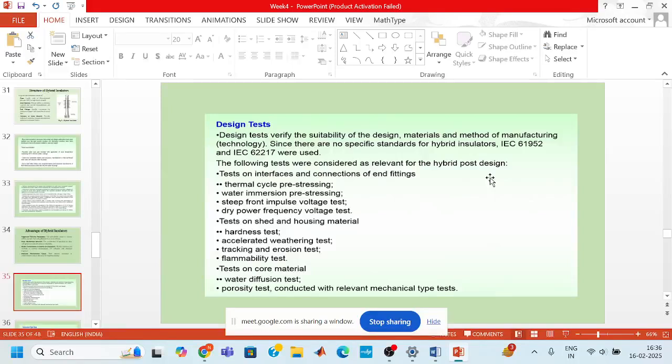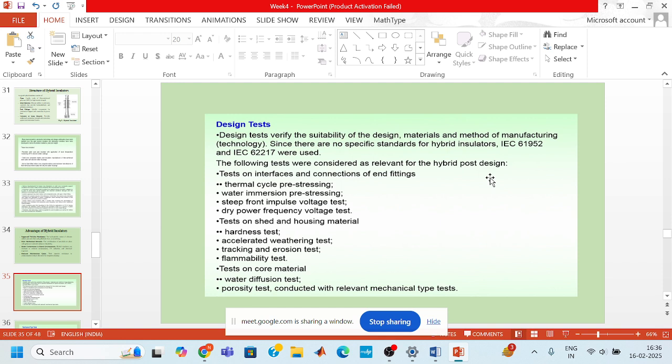Okay, so there are also some tests which are performed on hybrid insulators, like design test, electrical test, and mechanical test. So design tests verify the suitability of the designs, materials, and methods of manufacturing technology. Since there are no specific standards for hybrid insulators, IEC 61952 and IEC 62217 were used for hybrid insulators.